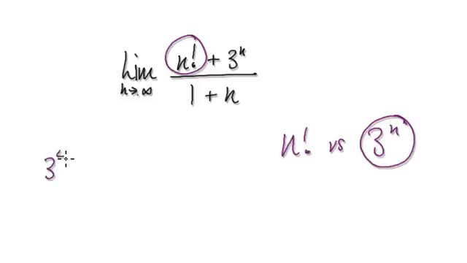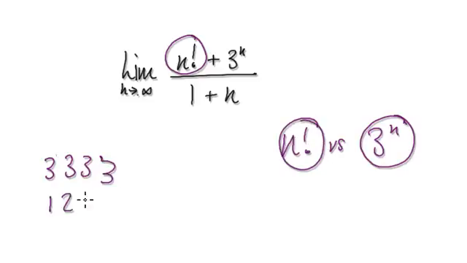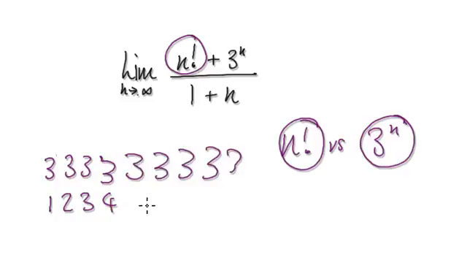So it's going to be 3 to the power 4, which is 3 times 3 times 3 times 3, and then for this one here, it's going to be 1, 2, 3, 4. Let's extend n. So here you've got 3 times 3 and so on, and then here you've got 5, 6, 7, 8, 9.